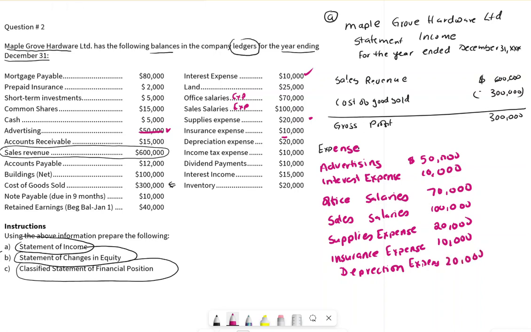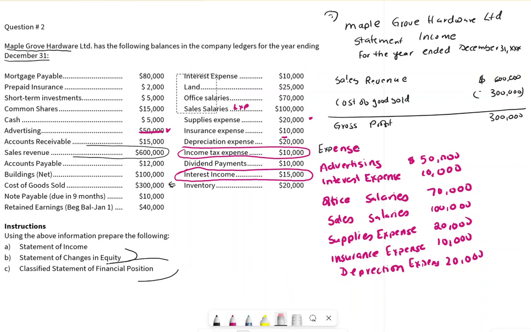Now you notice that we also have interest expense, income tax expense, and interest income. We needed to deal with those too. But income tax doesn't go here, it goes at the bottom. Before we do income tax, we needed to calculate my expenses. We total the expenses, and these are called total operating expenses.